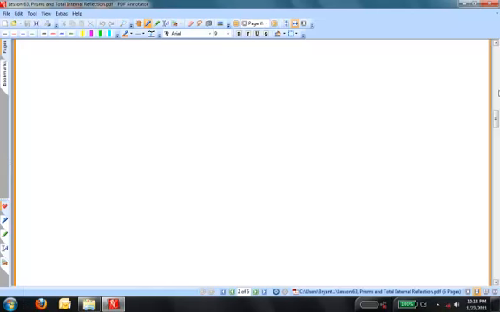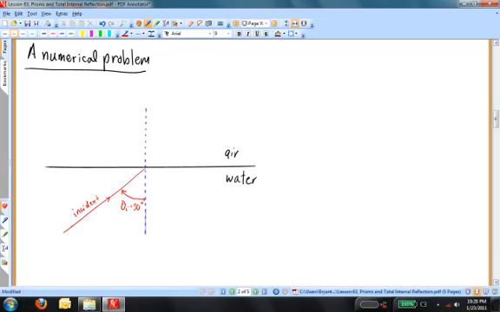Let's begin with a numerical problem. You're going to need a pencil and a paper and your calculator for this, and you ought to follow along and do this as we do it together. Let's suppose that I take a ray of light that's incident from beneath the surface of water onto a boundary with air. You could imagine a diver with a laser pointer below the water shining it upward.